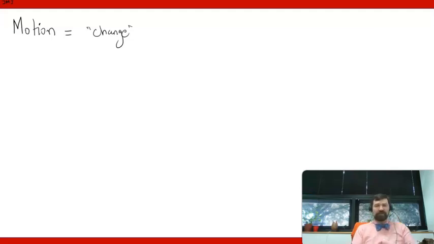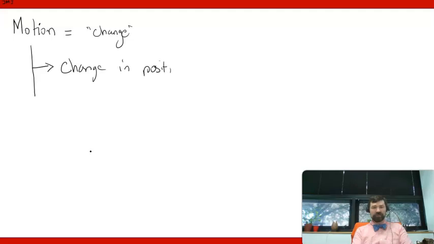So what do we mean in modern physics? Basically, we mean that one of two things is changing. We either mean change in position, so an object is maybe right here at one location, and it moves to another location. So we move from here to here.